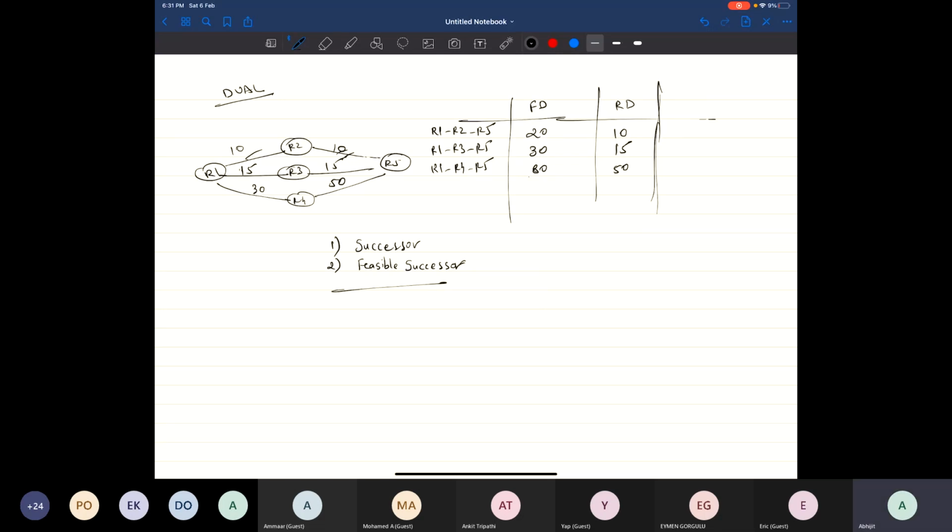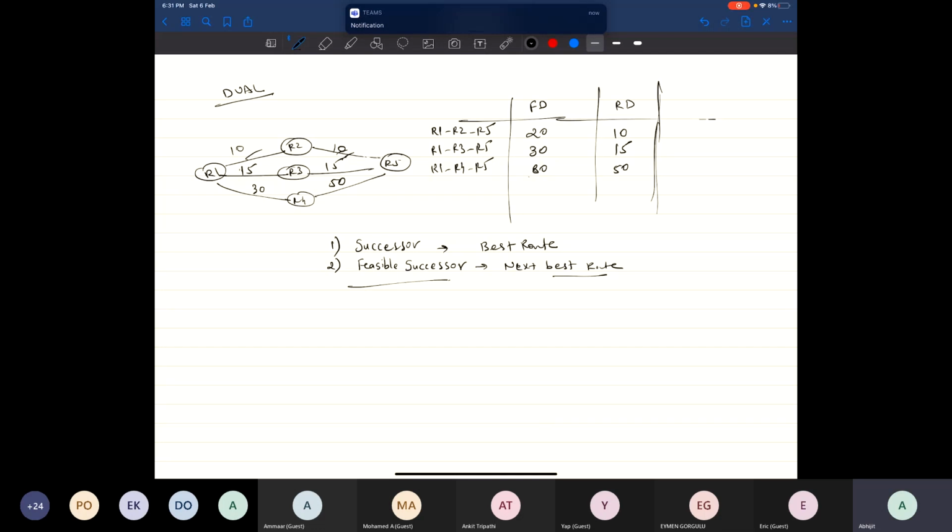Okay, it calculates successor and it calculates feasible successor. What is successor? Successor is basically best route, and feasible successor is next best route. Do you understand that? Successor is the current best route from the topology table, because as I have told you, topology table can maintain multiple routes over there.